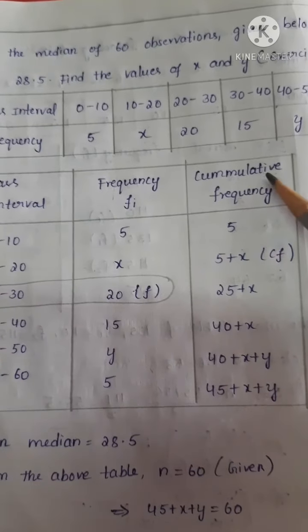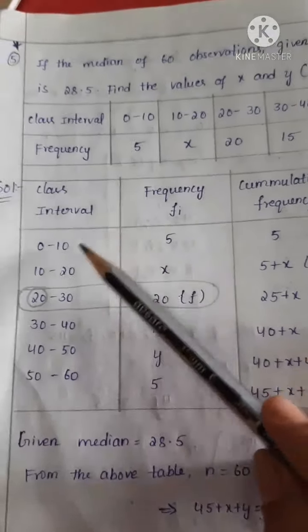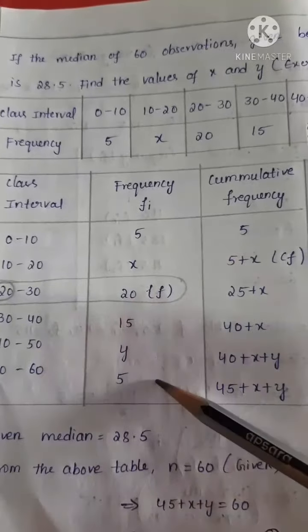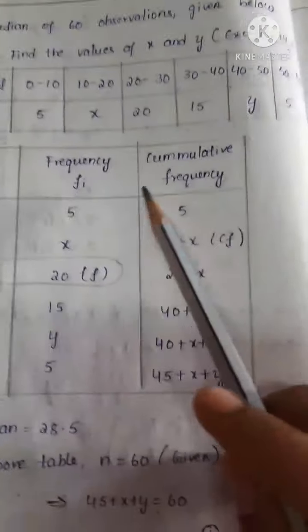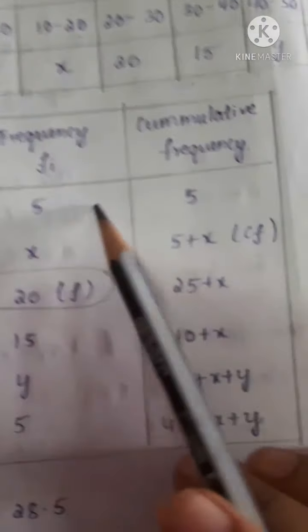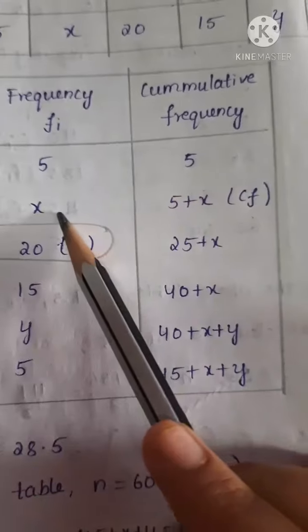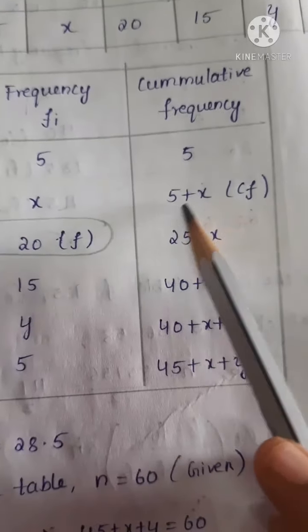Next, to find the median we need a cumulative frequencies table. So 0 to 10 is 5, 10 to 20 is x, like that you have to do. After that, add the cumulative frequencies carefully. First, 5 is 5. Next frequency you add, you get 5 plus x. 5 is a number, x is a variable, so you can't add them, so keep it like this.